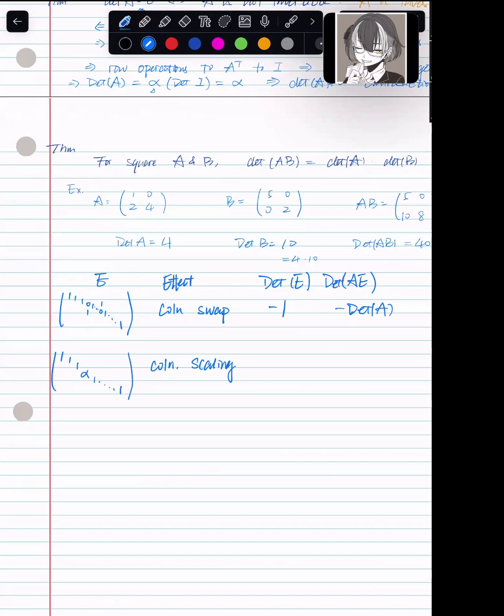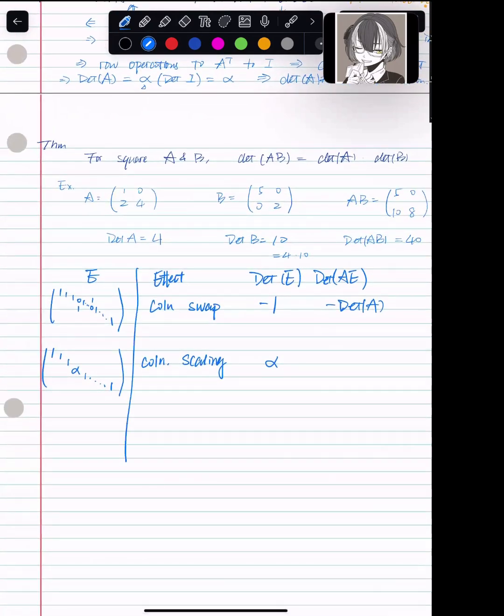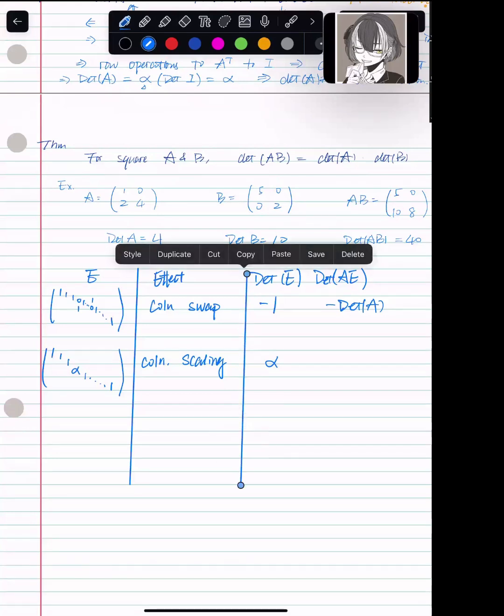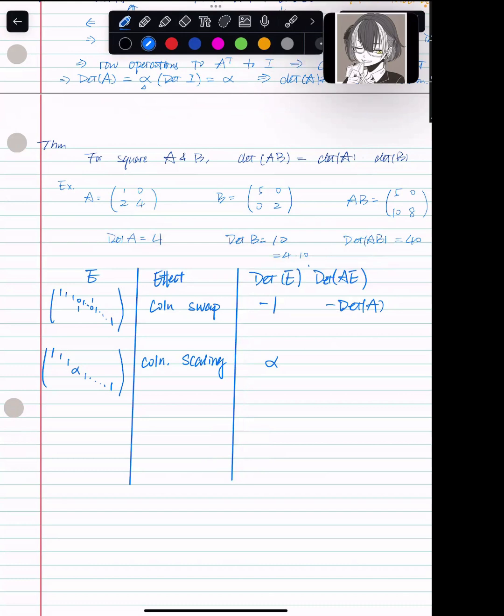The determinant of E in this case would be alpha, because it's alpha multiplied by 1. And the determinant of AE in this case is alpha times the determinant of A.